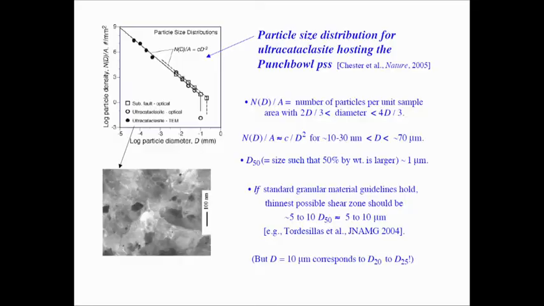Now, the fault gouge, this ground-up material from previous earthquakes, is, after all, a granular material, but it has a very strange size distribution. Here, in looking at 2-dimensional cross-sections of samples of that fault gouge material and using either for the smaller size range transmission electron microscopy or direct optical microscopy, you're looking at the number of particles per unit area that you find in particular ranges of particle size.